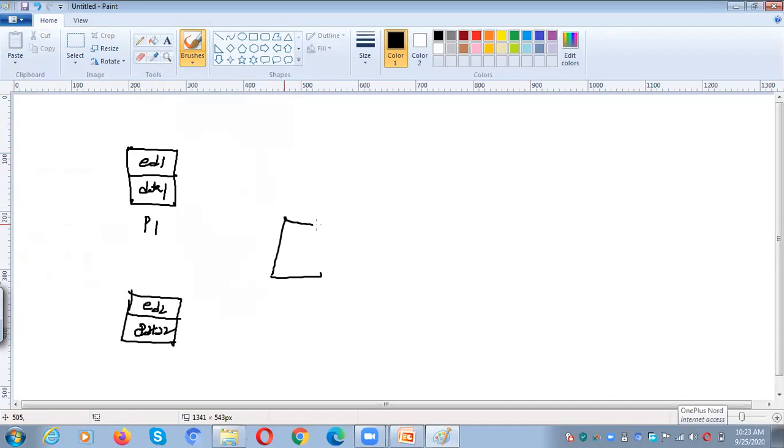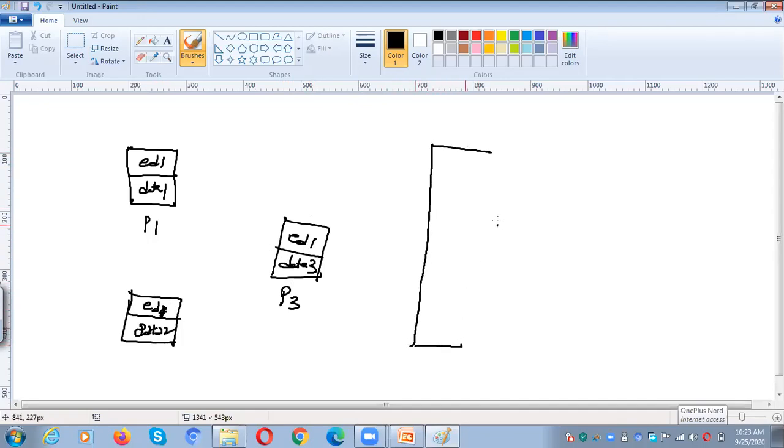And this is process 3, ED1, and then data 3. This is P3. So if the shared pages concept is not there.